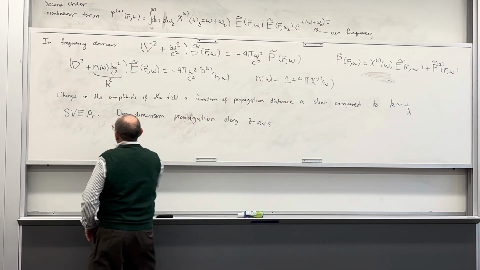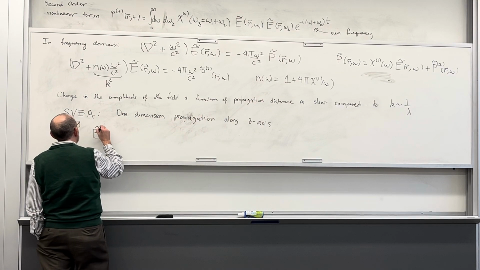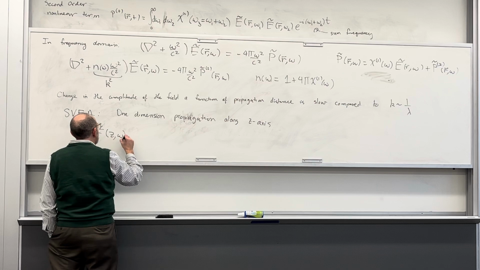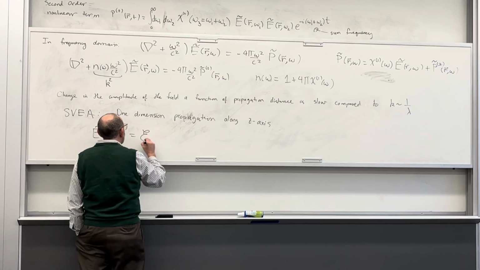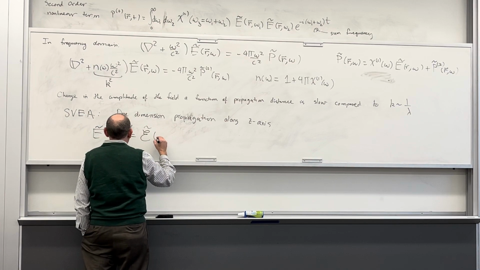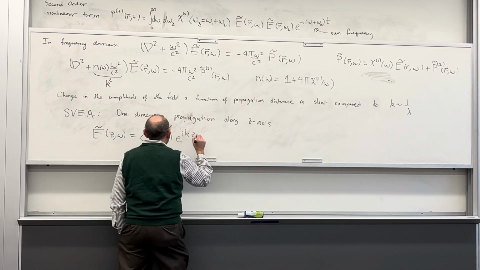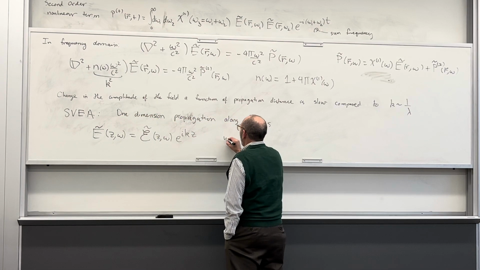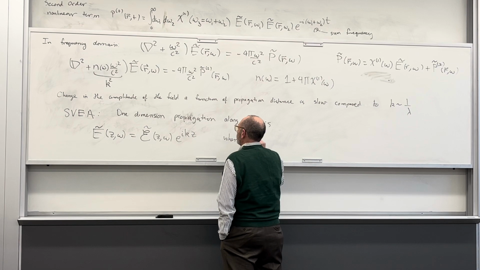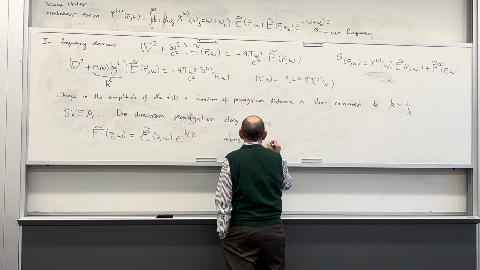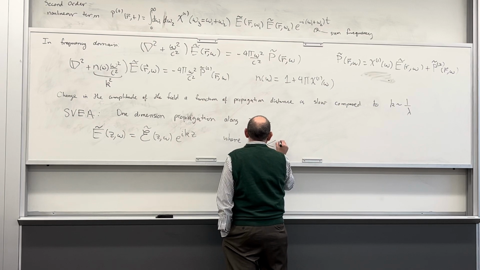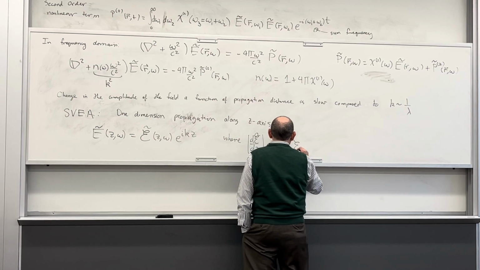And we'll write the electric field amplitude as a function of z as some scripty E e to the ikz, where the derivative of this with respect to z, the magnitude of that, is much, much less than this.